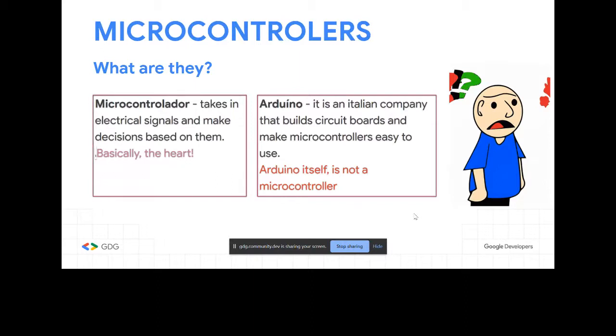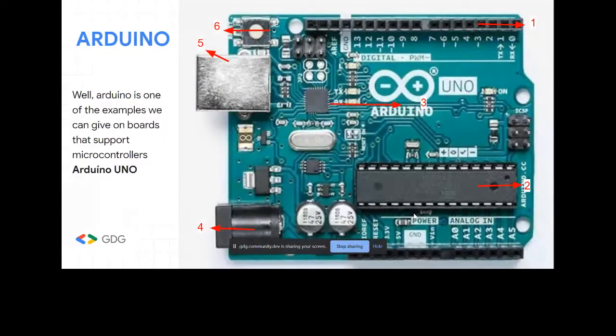But now, with a board like Arduino, even people that don't know much about electronics can buy and use an Arduino in an easy way, just with a few videos and a few courses. So, as I was talking about Arduino, this is a basic one, an Arduino Uno. You can find different types of Arduino and different types of boards.